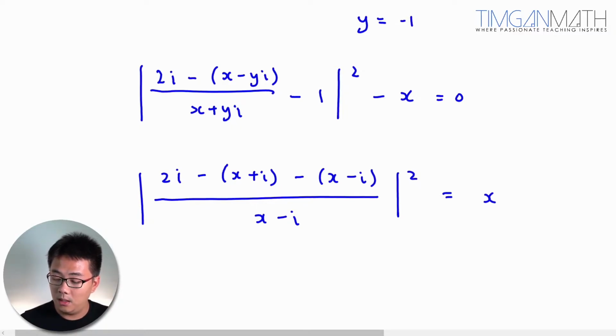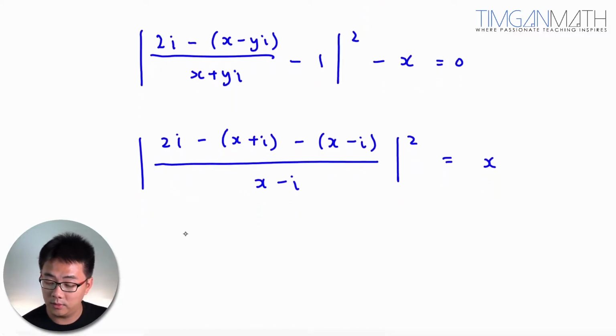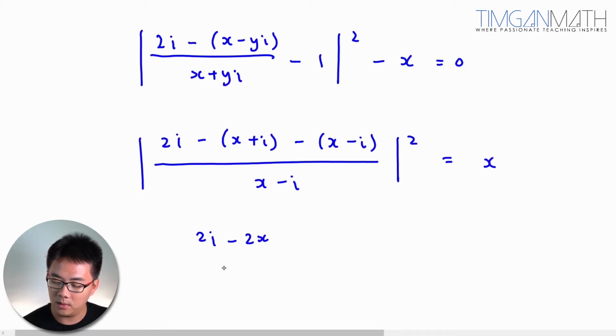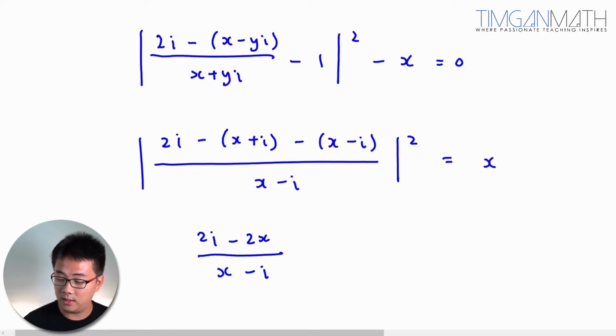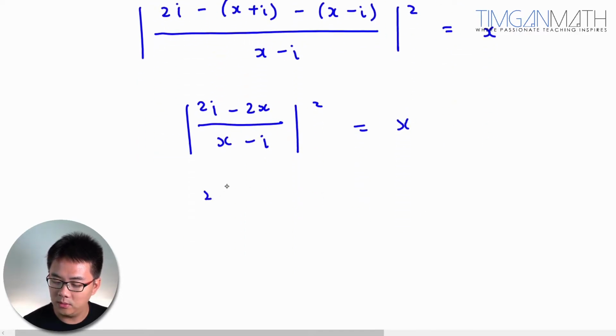All right, so I'm just going to try and solve this. This is 2i minus i plus i, so it's 2i minus 2x, and this is just x minus i. I could factorize the 2 out. Maybe I factorize the minus 2 out, so that I could cancel the x minus i here.